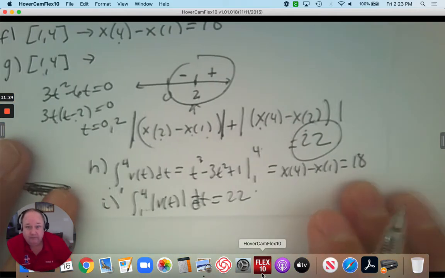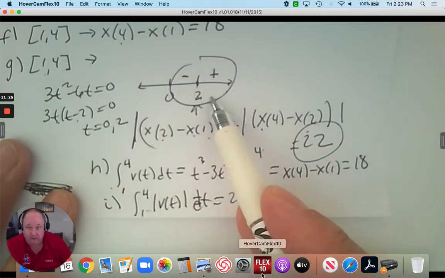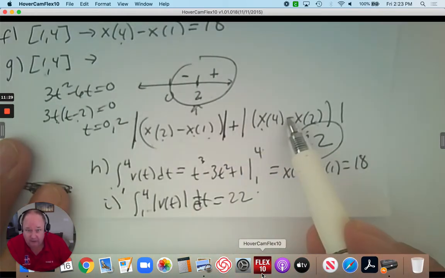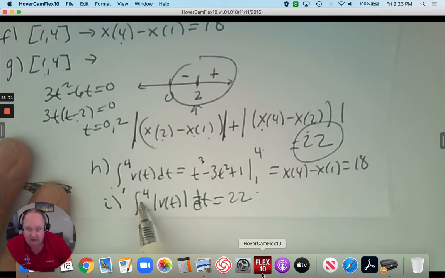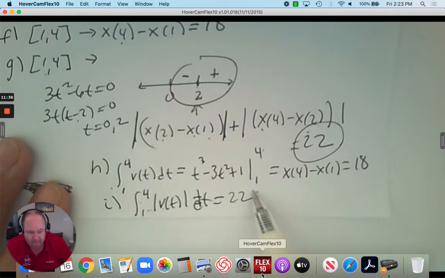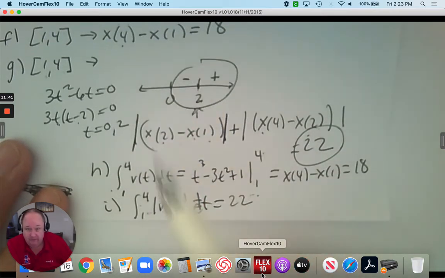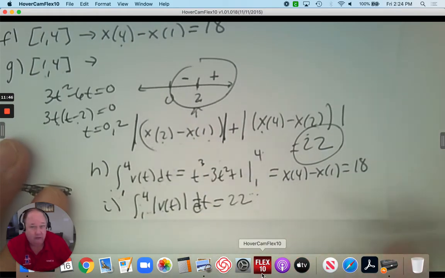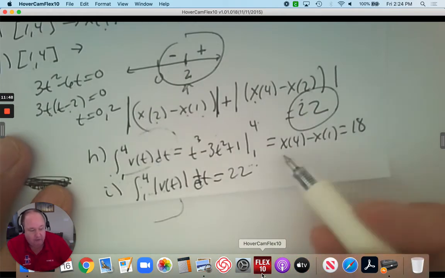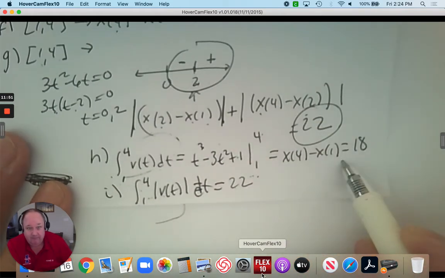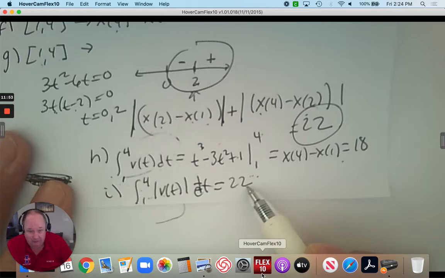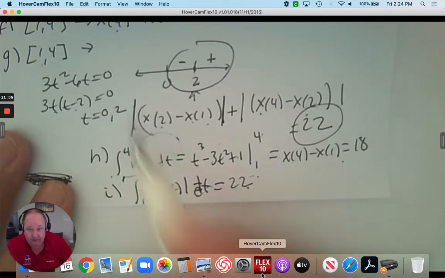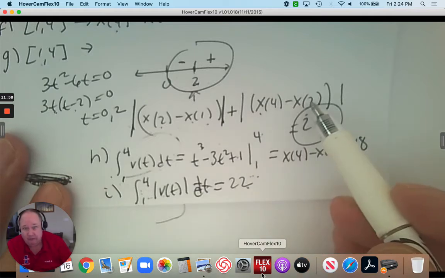So, if I want total distance, instead of this long work with your calculator, you can integrate with the absolute value of velocity, and it will give you total distance. Same thing in terms of understanding displacement. If I just want to find displacement, integrate velocity from 1 to 4, use your calculator, and in one step you can get displacement and you can get total distance with an easy step rather than the long substituting in kind of steps that you have to do up here.